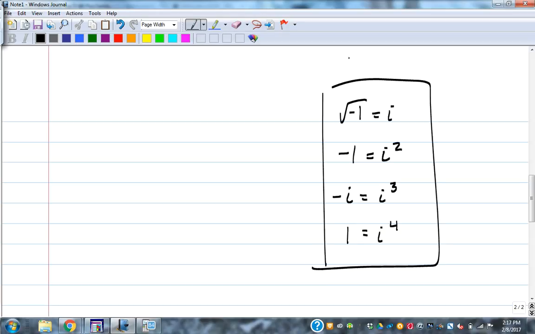That little chart right there, you need to memorize. Yeah, you've got to remember that. That's an important thing, because when we multiply, if we multiply i times i, we're going to get an i squared. And if we multiply three of them together, we might get an i to the third power.